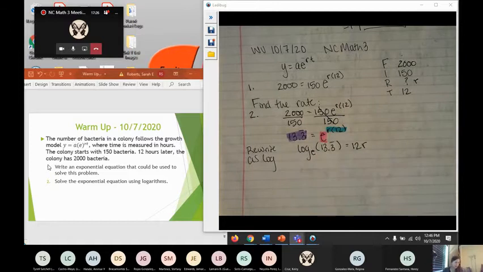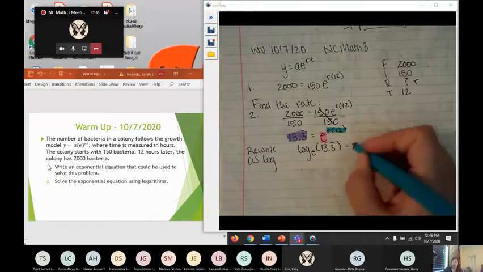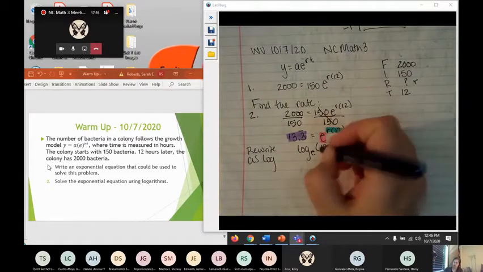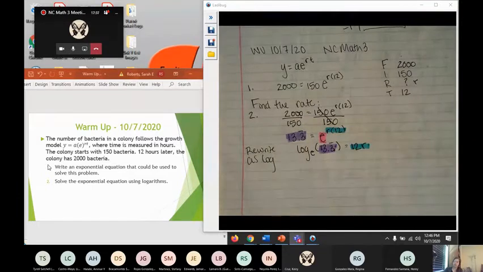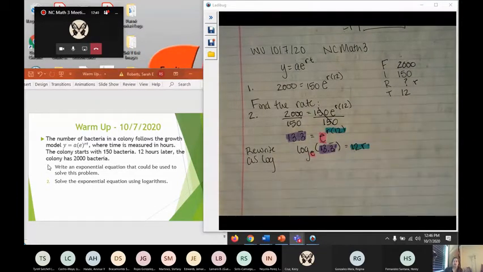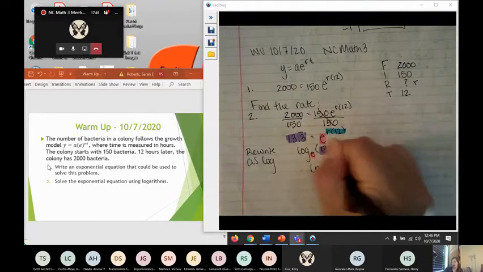I rewrote it so that I had my exponent here, my answer here, and my base here. That's how I rewrote it, just like we did the other day. Now, log base e, we can abbreviate to the natural log.